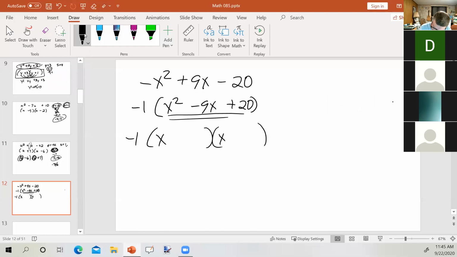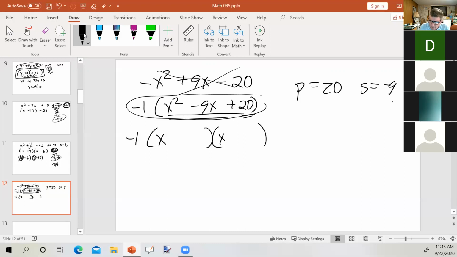Okay, so I need a product that's 20, not -20, because we've moved on down to the next step, and a sum that's -9. Okay, so I'm not dealing with this anymore, I'm dealing with this. Okay, here we go again. To get a positive product, I've got to have 2 positive factors or 2 negative factors. But to get a negative sum, I couldn't add 2 positive numbers and get a negative sum.